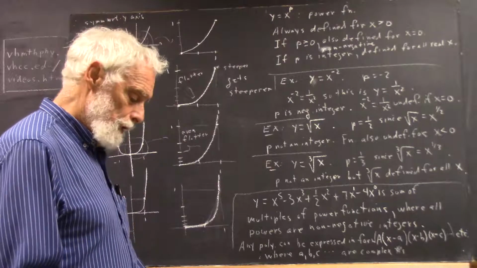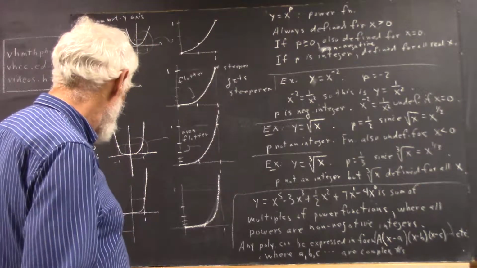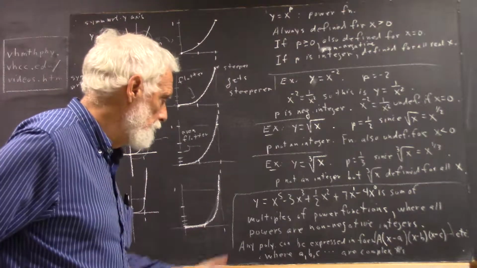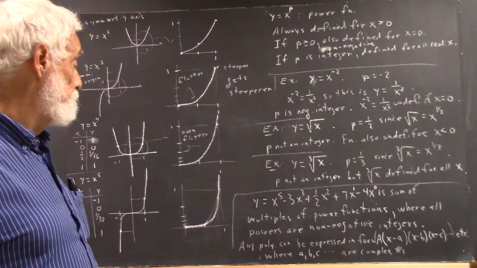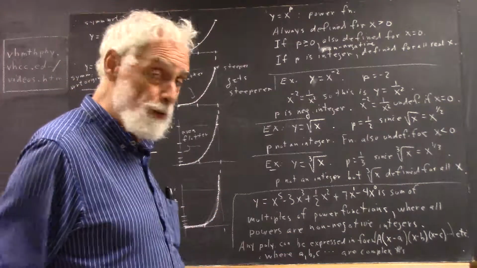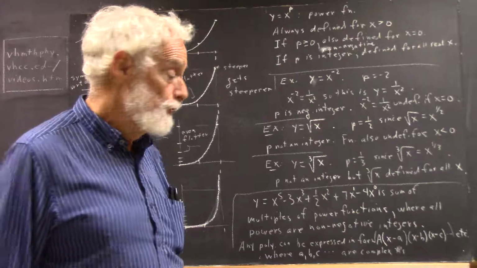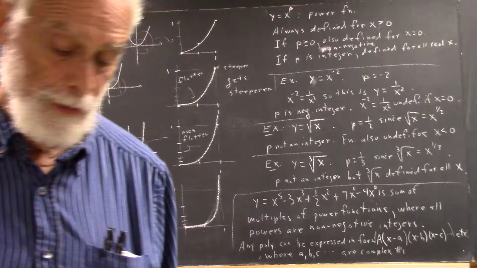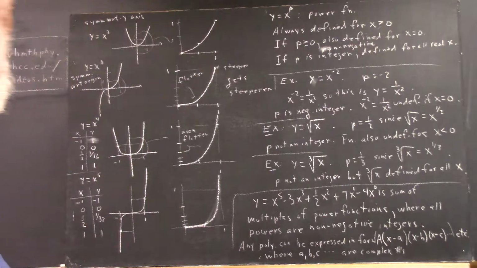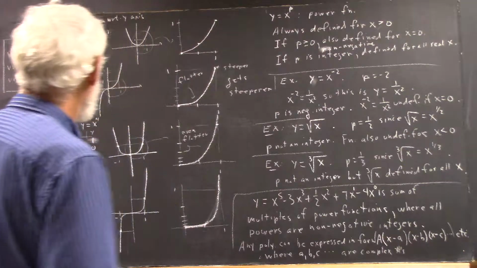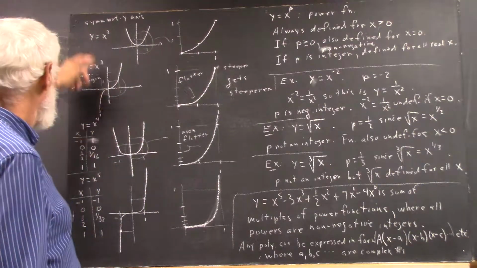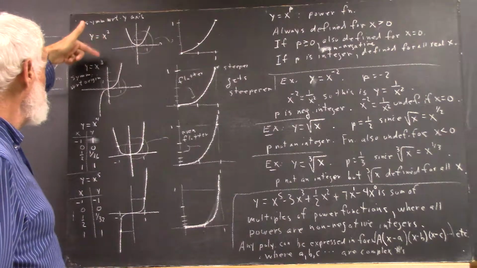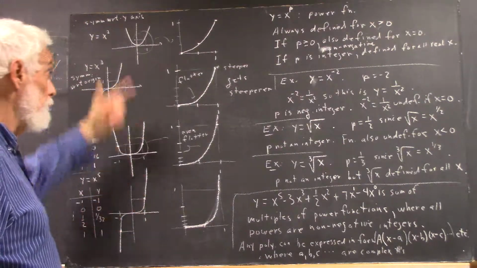Now we'll talk more about this because we do want to talk a little bit about the fundamental theorem of algebra because it's kind of important. And there are other implications of this for the shapes of the graphs and just for the basic graphing of polynomials. But we'll get to that later. So what we want to see is, first of all, examples of the p equals 2, 3, 4, and 5 power functions.